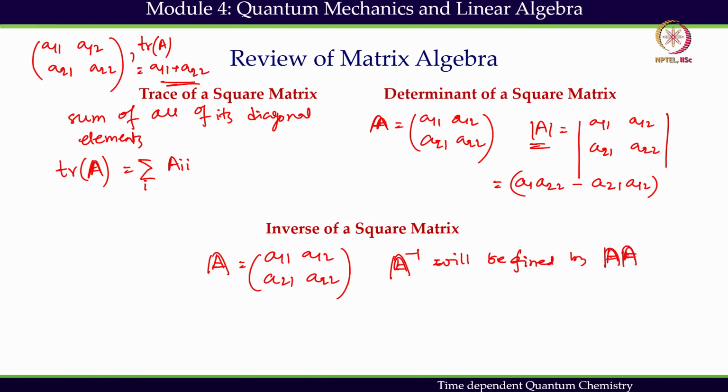If I matrix multiply A with A inverse, that will give me an identity matrix. What is identity matrix? Identity matrix is nothing but the diagonal elements are 1. That is the way inverse of the matrix will be defined.